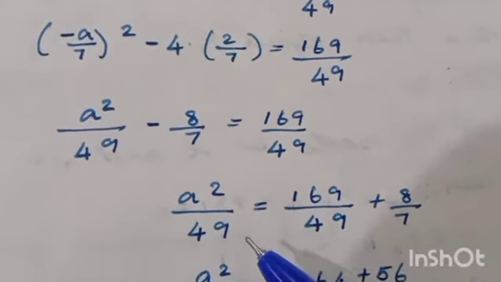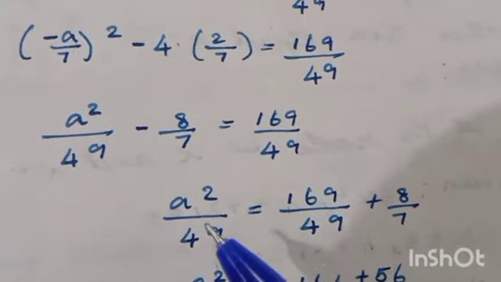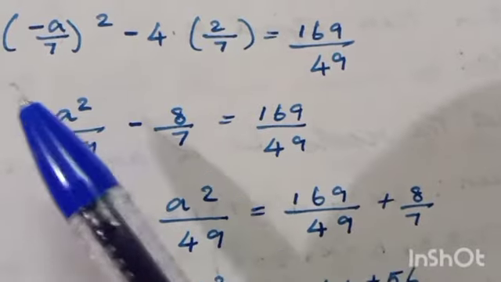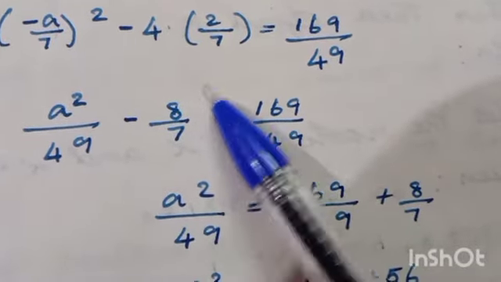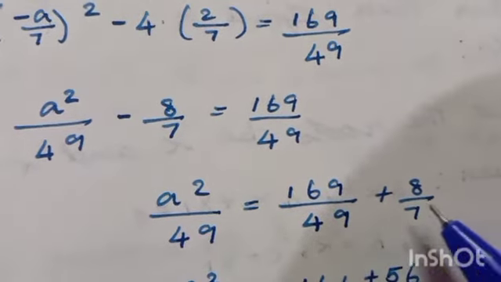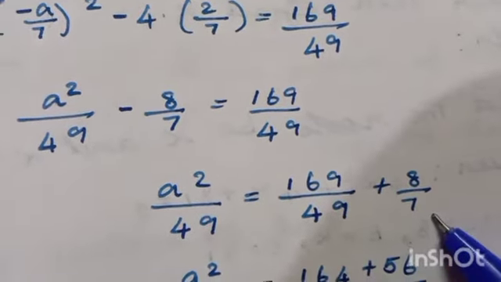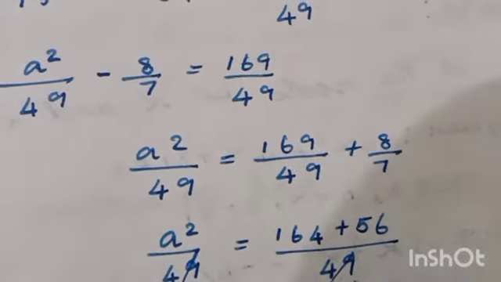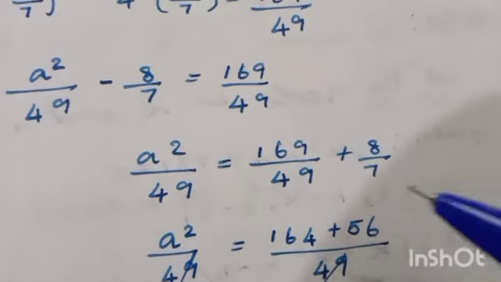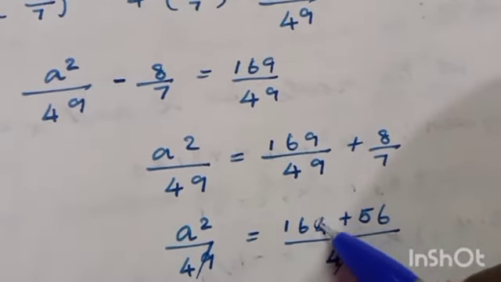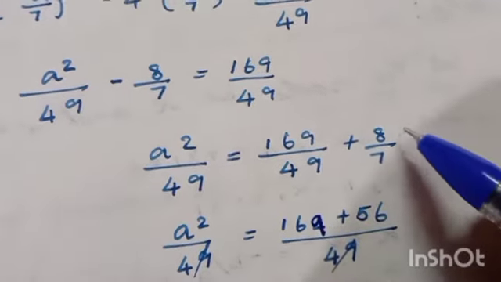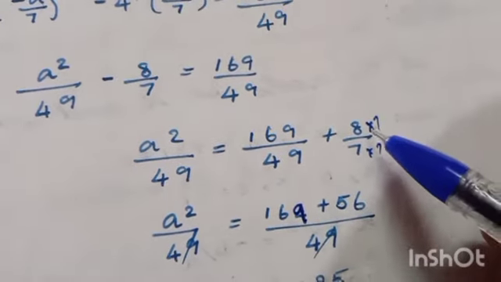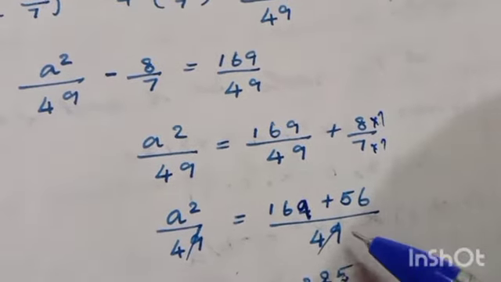Now you have to simplify this. Take 49 as the LCM. First arrange the equation: a square by 49, and this minus 8 by 7 is transposed to this side, so it becomes plus 8 by 7. Now a square by 49 is equal to, taking 49 as the LCM, 169 plus 49... you have to multiply by 7, so 8 sevens are 56 by 49.